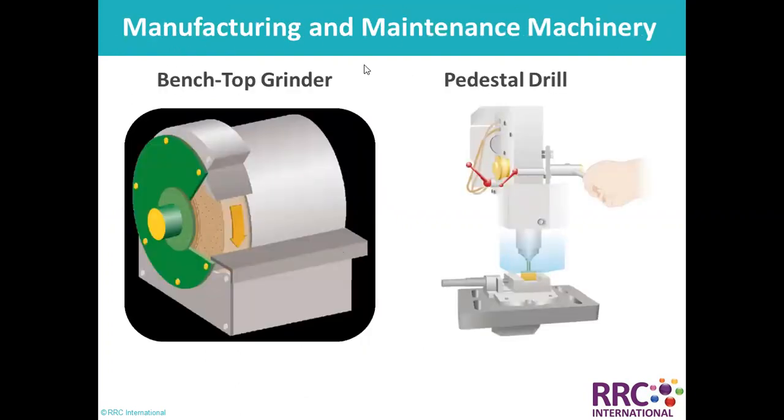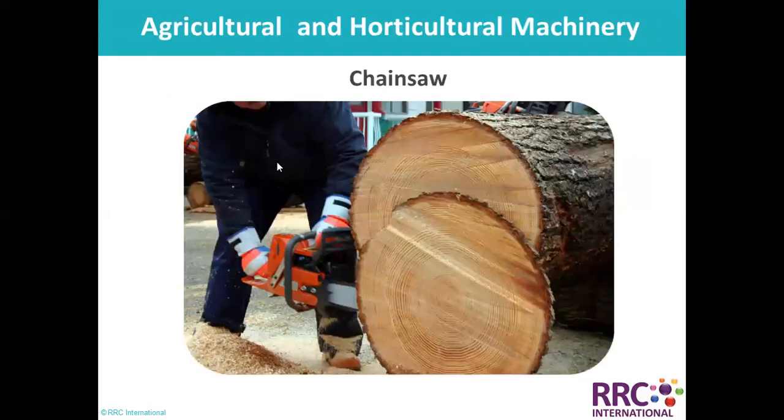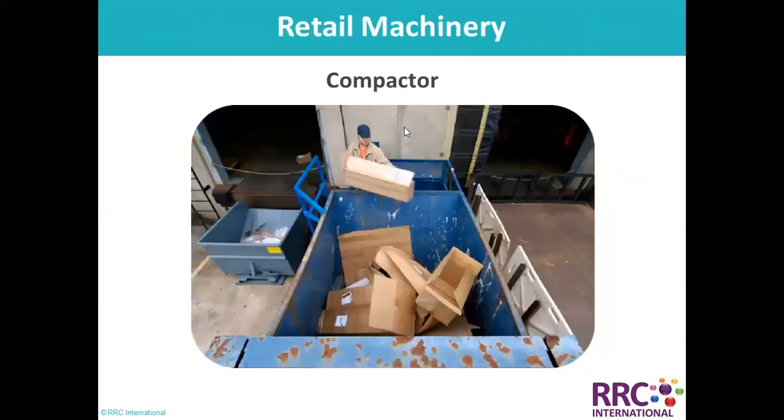We can take some examples of how they look, like the bench top grinder and pedestal drill, and by looking at that picture you can easily identify the mechanical and non-mechanical hazards. Look at the chainsaw, what can go wrong and how, even though it's agriculture and horticultural machinery. It's a compactor.